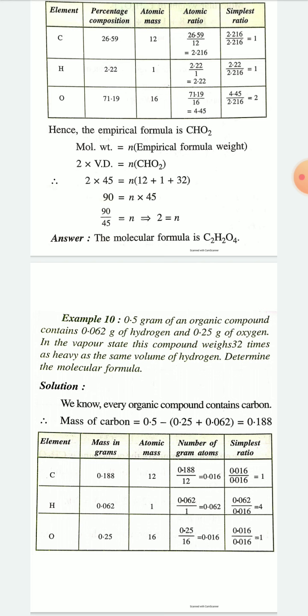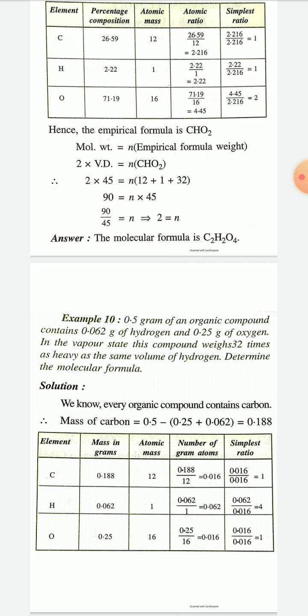In this question it is stated that in the vapor state this compound weighs 32 times as heavy as the same volume of hydrogen. It is not directly said that the vapor density of the compound is 32, but it is given that the weight of the compound in the vapor state is 32 times as heavy as the same volume of hydrogen. So the vapor density of the compound is 32.